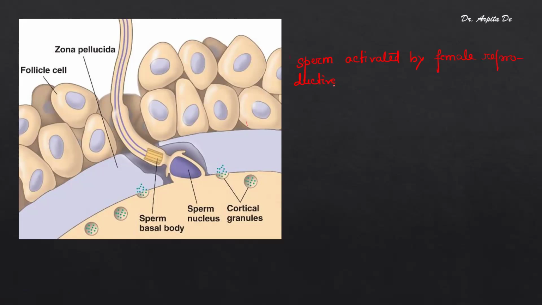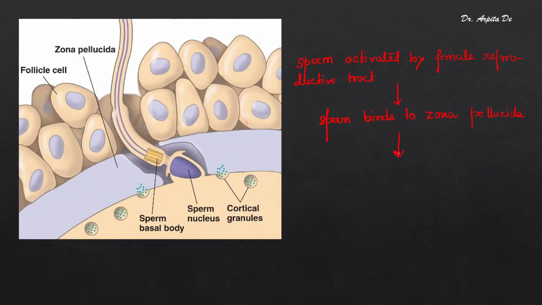So the female reproductive tract activates the sperm. Then what happens? Sperm binds to the zona pellucida.